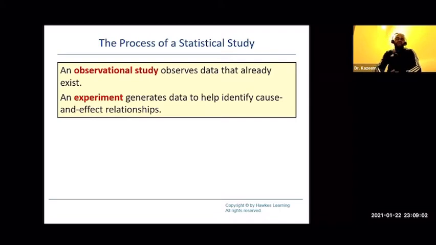Now, I'm going to give you another example to differentiate between an observational study and an experimental study. Suppose you are looking at the effect of smoking on the risk of getting cancer.